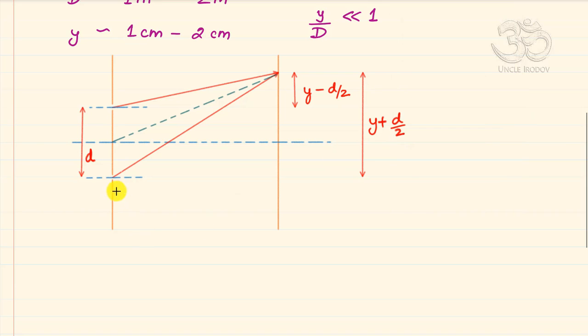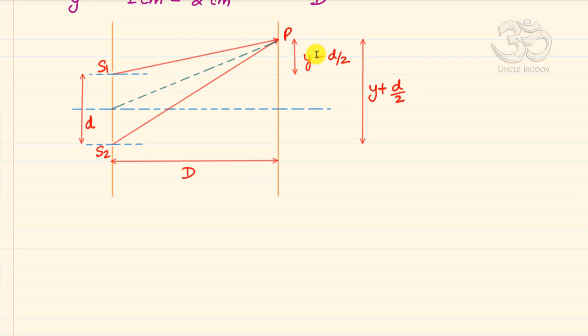So let it be there. This is capital D. And you can simplify things. You can then say this is S1 and the lower slit is S2 and this point here is P. So therefore, using just basic maths, S2P minus S1P is going to be, in fact, let me write D first.